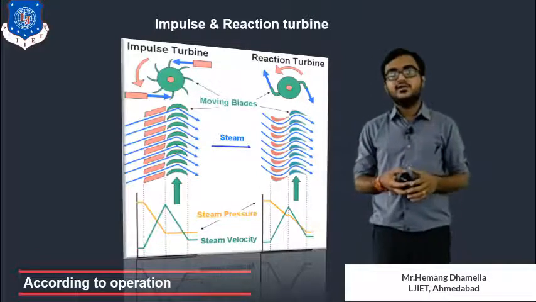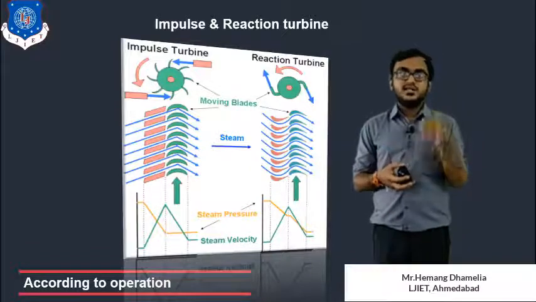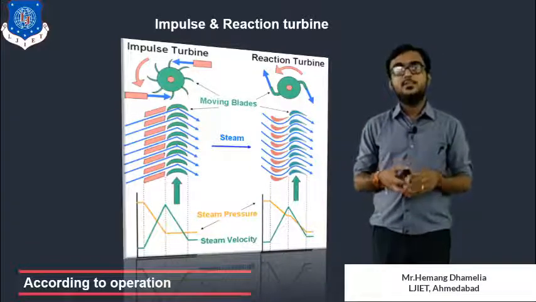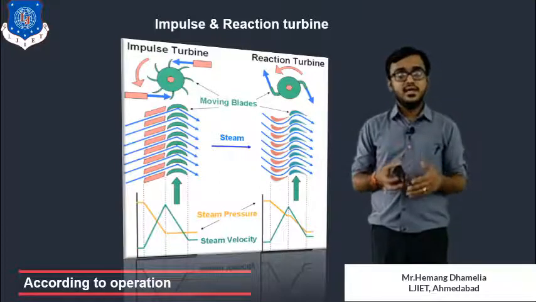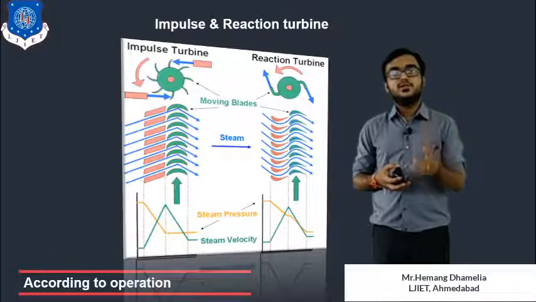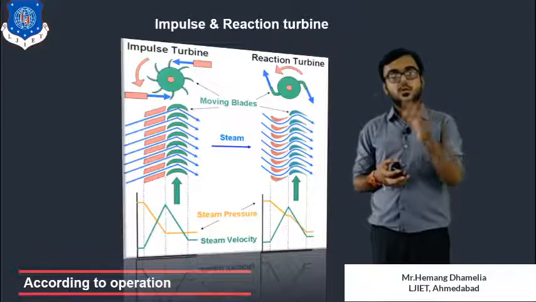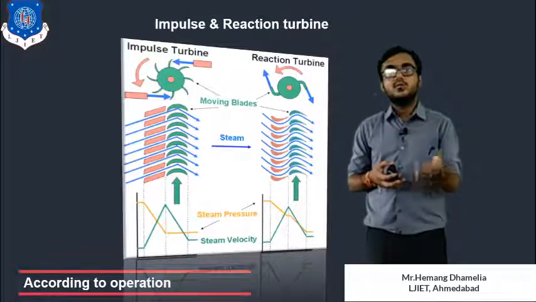The second difference is that the impulse turbine is the type of turbine in which the pressure drop takes place only in the nozzle, while in the case of reaction turbine the pressure drop takes place in the nozzle as well as in the moving blade.